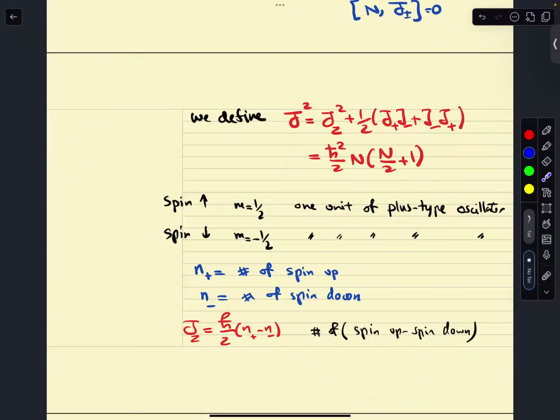So n plus was the total number of excitations in the plus oscillator, and n minus is the total number of excitations in the minus oscillator. You could think of the spin up as 1 unit of plus type oscillator and spin down as 1 unit of minus type oscillator. Now Jz would be h bar over 2 times n plus minus n minus. This is the total number of spin up minus spin down.